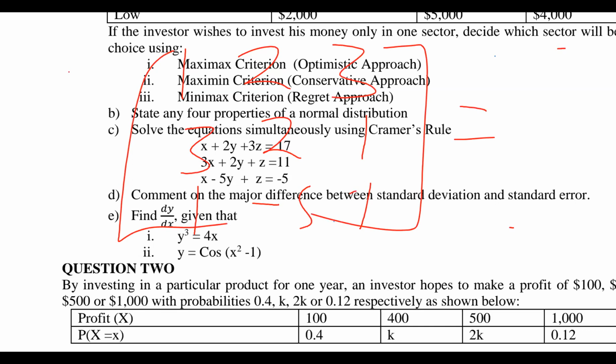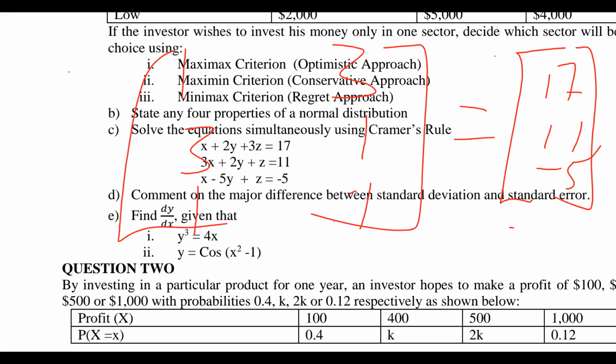That should be equal to 17, 11, negative 5, like that. Then you are changing here where there is the y. You know that the middle numbers here are the ones for y. That's where you change now. You replace by putting the product. I'll put them in blue, 11 and negative 5, like that.